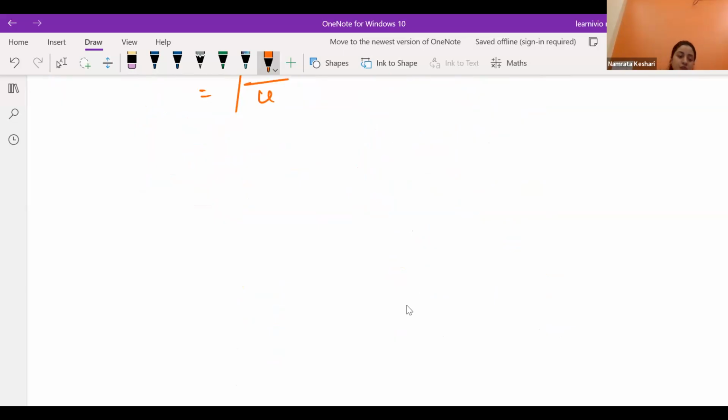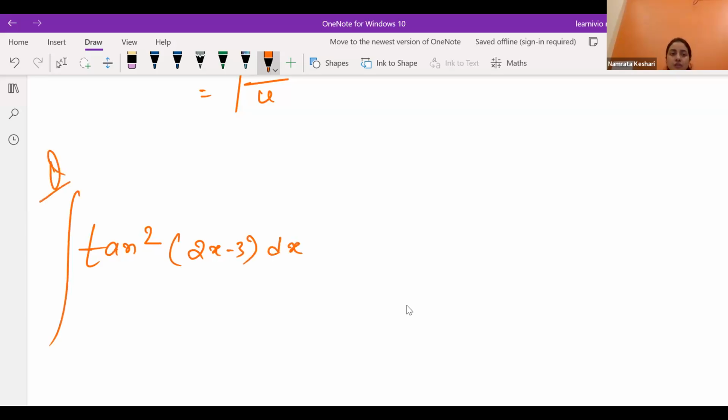What about these types of questions? When we have tan square 2x minus 3, then what to do? If we have to do the integration of this one, whenever we have such an integration, Annapurna, what will we do?